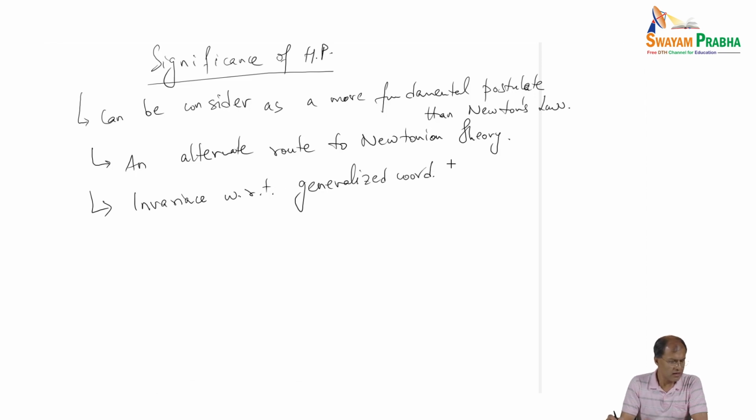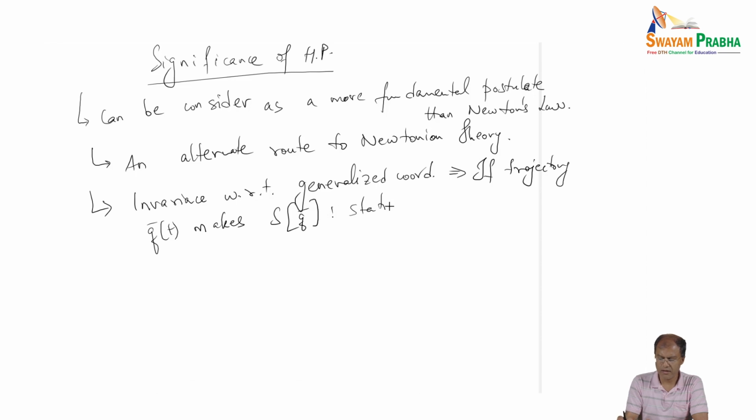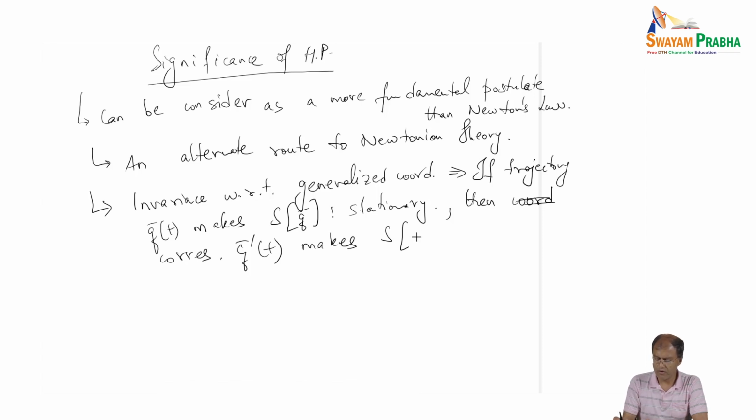So what we get is that if the trajectory q makes S of q stationary, makes our action integral stationary, then the corresponding invariant generalized coordinate, the corresponding q prime of t, will make the corresponding action integral S of q prime stationary.